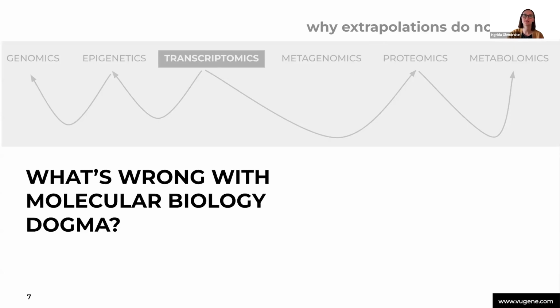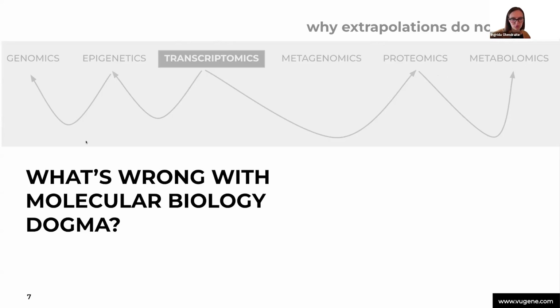But why do these extrapolations actually not work? We cannot extrapolate from transcript levels to proteomics. It's not very accurate, again, to go just from what kind of protein you have into metabolomics and vice versa.